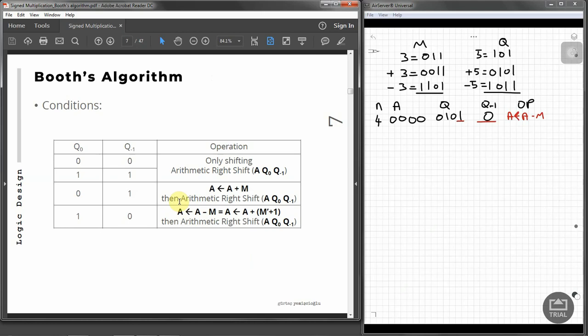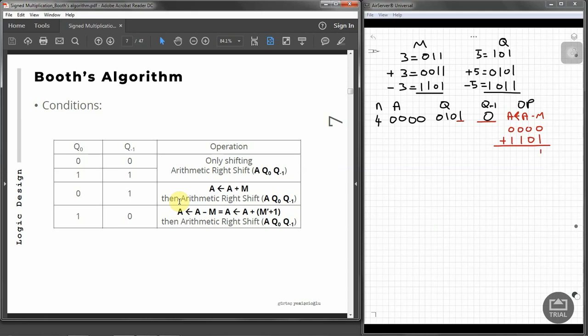A is 0, 0, 0, 0, and M, in this case, it's going to be A minus M, so M is 3, minus M is minus 3. So 1101. Then we perform the addition.